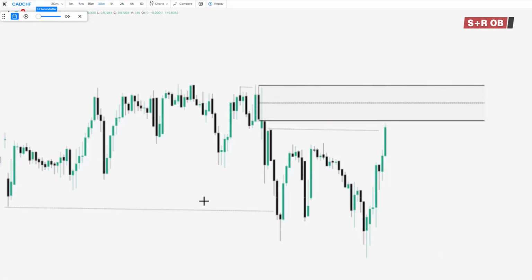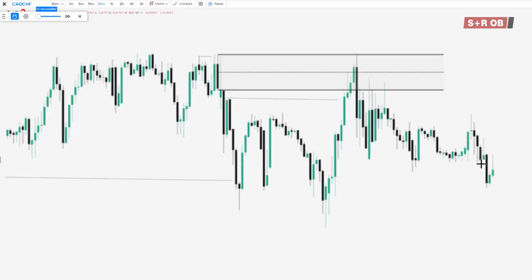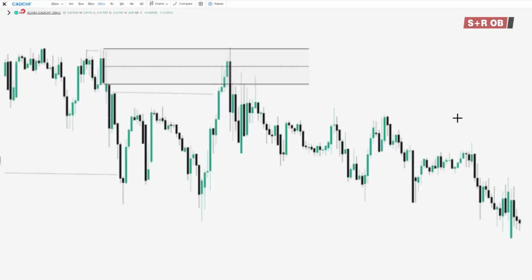This is what it looks like right here, and playing price forward, price came back for the mitigation, and we have the drop from that particular area. This is a perfect example of what I've been teaching you today. Order blocks that offer good results and high risk to reward in the financial markets.